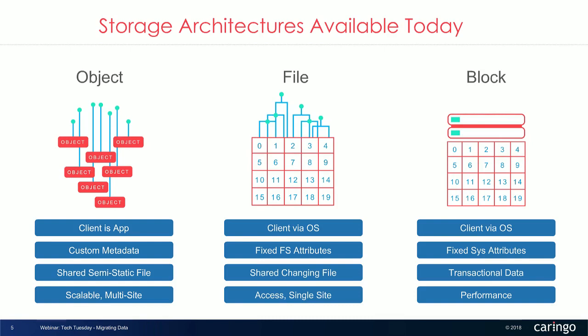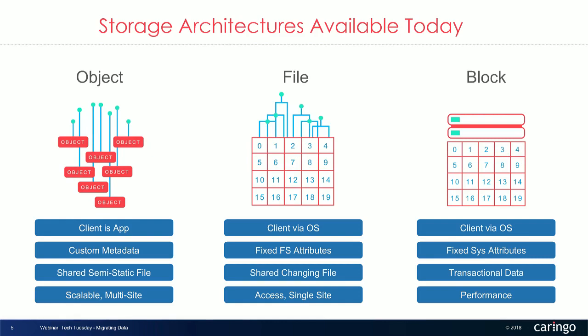But really, clients that are attached to block don't have a way to talk to lots of different block targets all at the same time in the typical architecture, because the attachments were, a couple decades ago, SCSI cables, and now you're talking about fiber channel or iSCSI, but still it's predicated on this idea of private access to the storage.